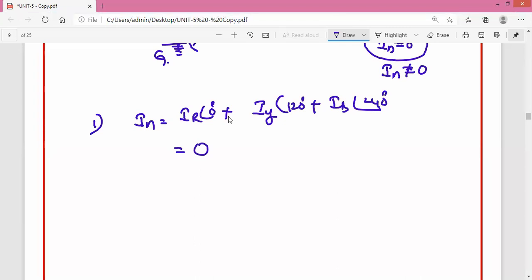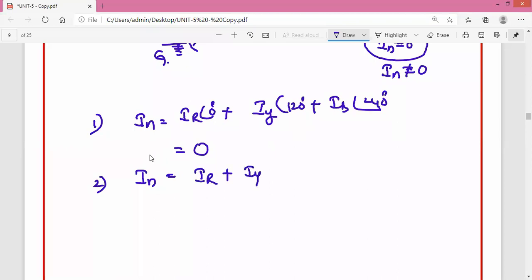Only one network, the positive sequence network, is enough to analyze. When there is a fault, an unbalanced system, it will be represented using the same principle, the same concept. This unbalanced system is represented using a set of three balanced equations.